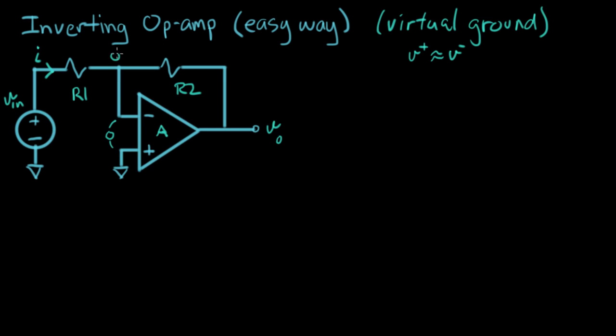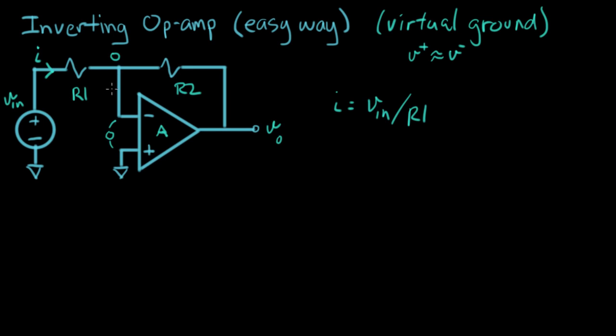It's 0 volts because we have a virtual ground here. So we know the voltage on both sides. So I can say right away, I equals the voltage difference, Vin minus 0, so just Vin, divided by R1. So we have an expression for I.